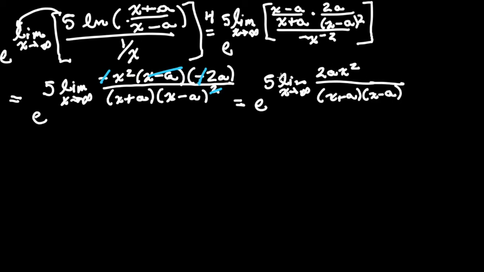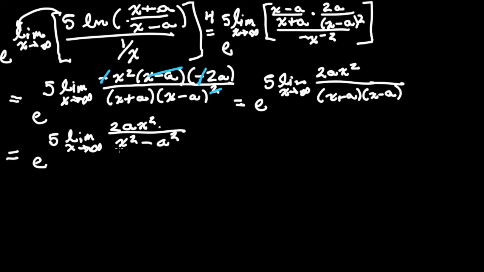And now we are going to be able to even further simplify this, because if you look here, that looks like a perfect square. So we can even write this as e to the 5 limit as x goes to infinity for 2a x squared all over x squared minus a squared, right?